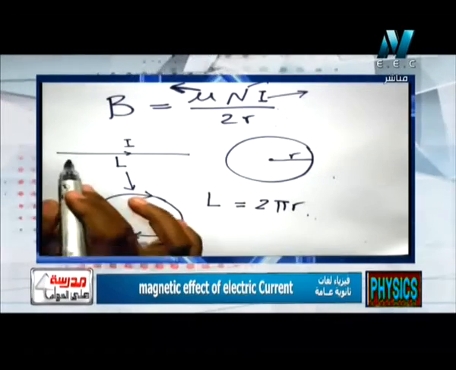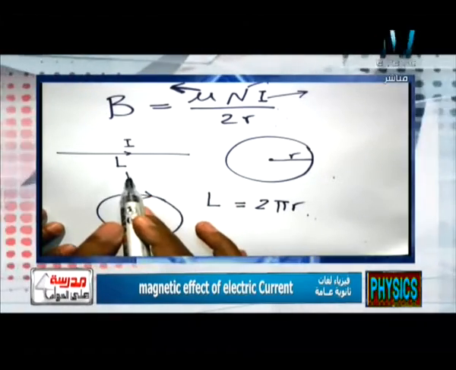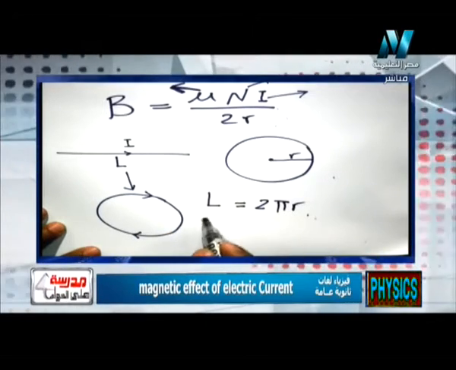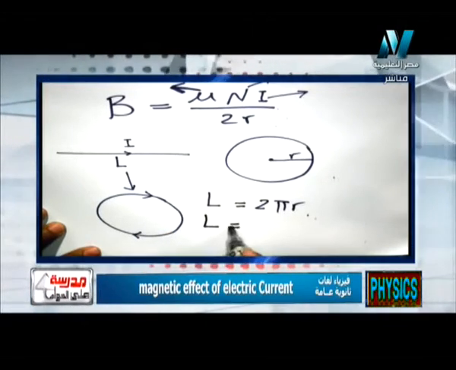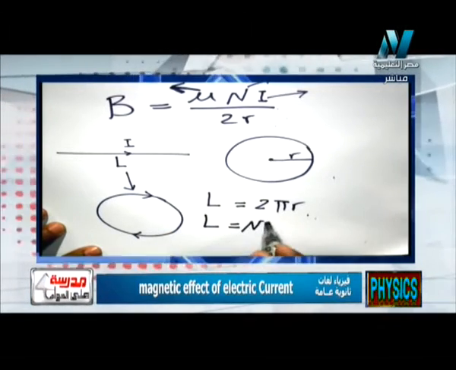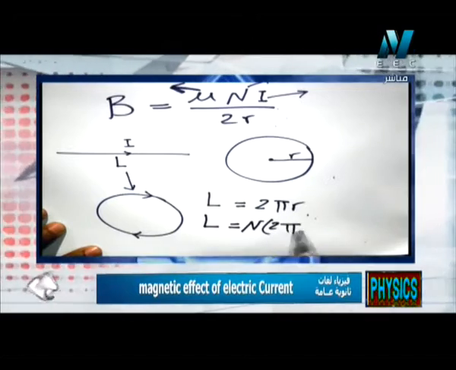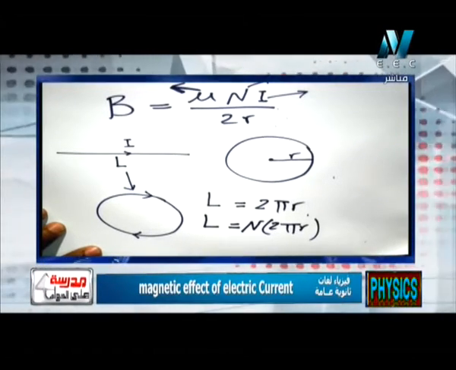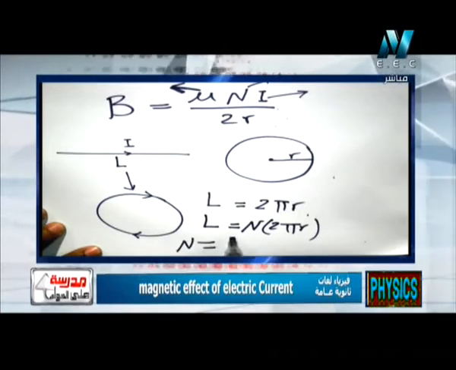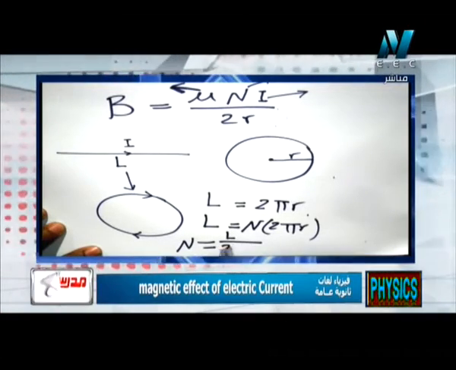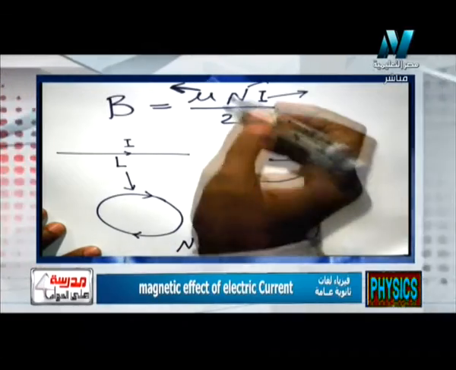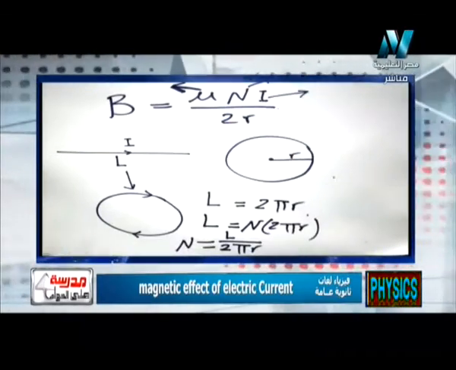But when this wire is changed into a circular loop of many turns, L is changed into n times 2 pi r. So from here, we can calculate n: n equals L over 2 pi r. Here we can find n from this rule.